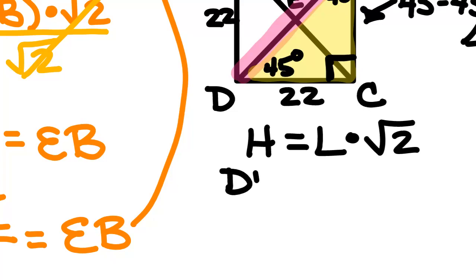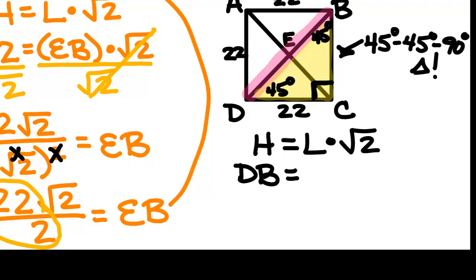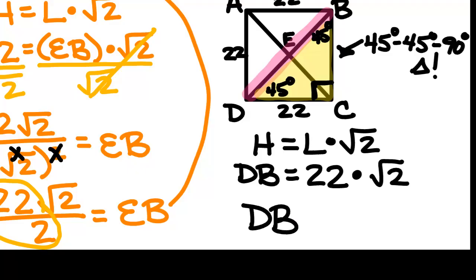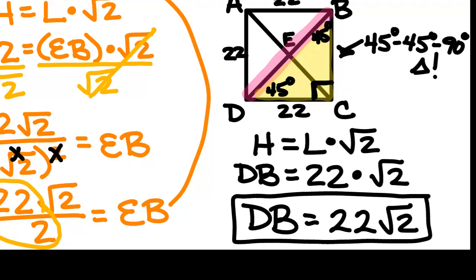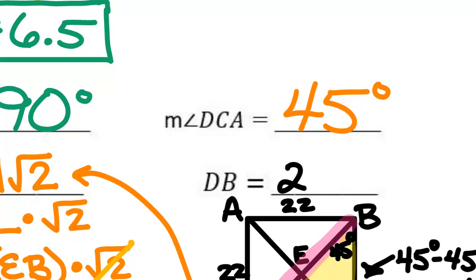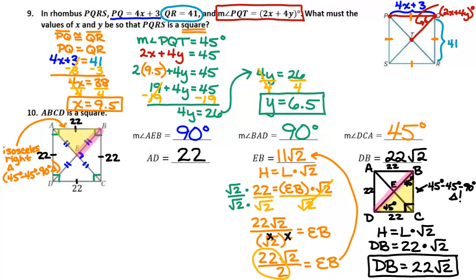So I'm going to put DB in the place of the hypotenuse. How big is the leg? 22 times radical 2. So DB is 22 radical 2. So we used our special right triangle rules there.